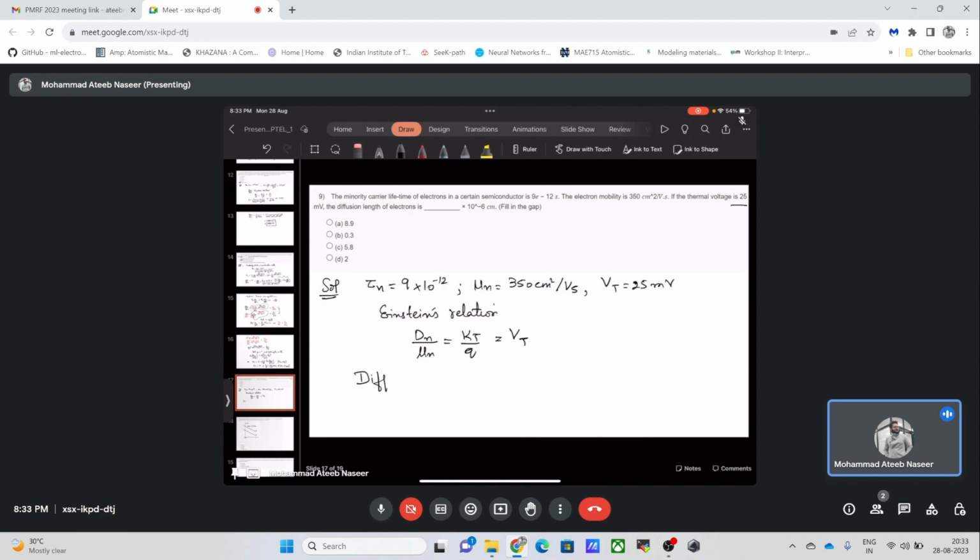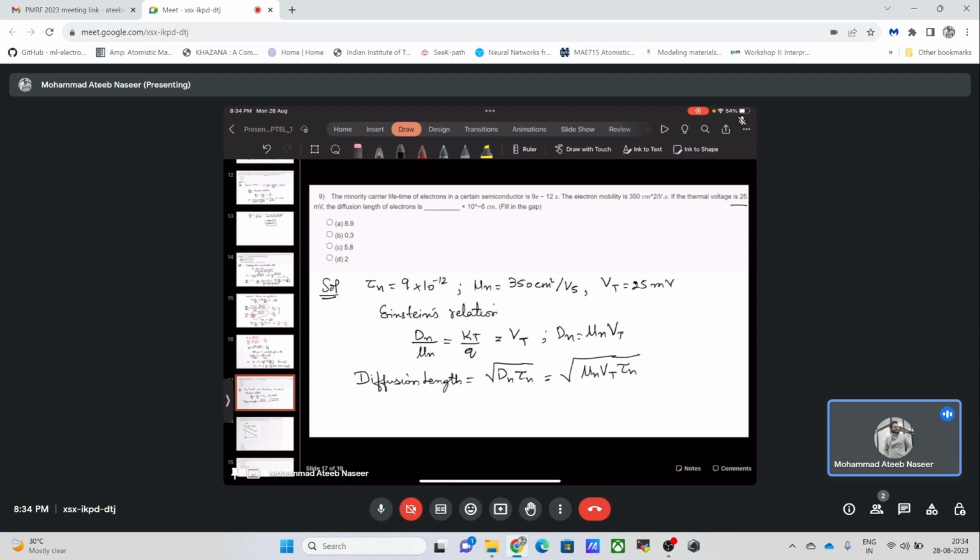So this diffusion length is simply equal to the square root of the diffusion constant times the diffusion time. Now Dn is simply mu n times Vt, so it is the square root of mu n times Vt times tau n.